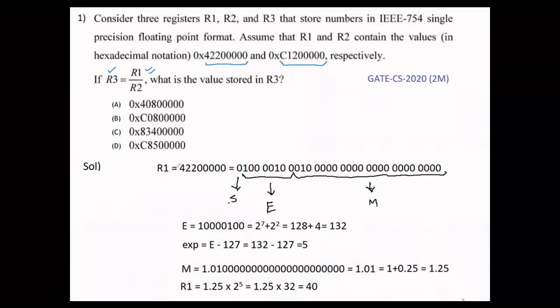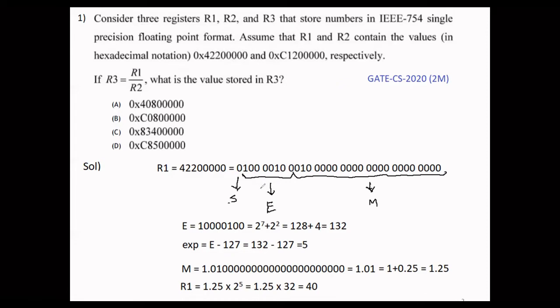Take the value R1 that is given, 42200000. Now write it in 32 bits. 4 means 0100, 2 means 0010, 2 means 0010, then all zeros.